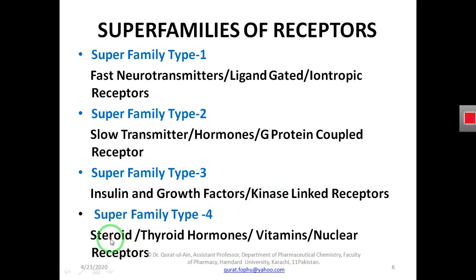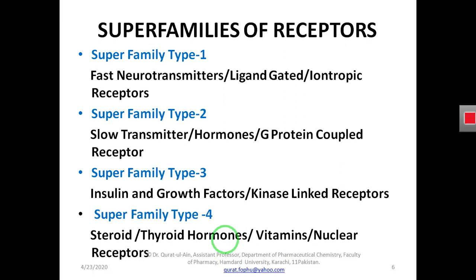Now the fourth family is the steroid receptors, like the thyroid receptor. They may be vitamin in nature, and in the fourth family we also include the nuclear receptors. We call them thyroid or steroid receptors because these receptors are hormone in nature. They may be vitamin receptors, like the vitamin D receptor, and nuclear receptors because these receptors reside in the nucleus.